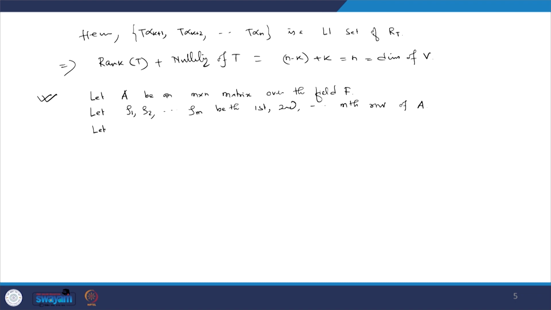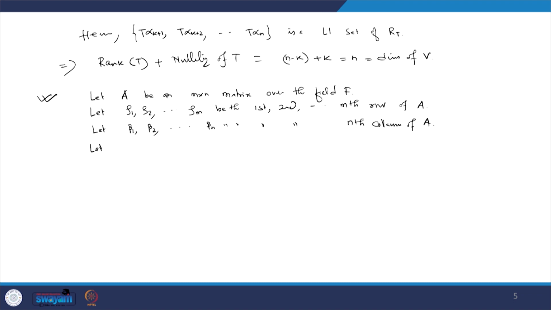Let beta 1, beta 2 and beta n be the first, second and nth column of matrix A, please.